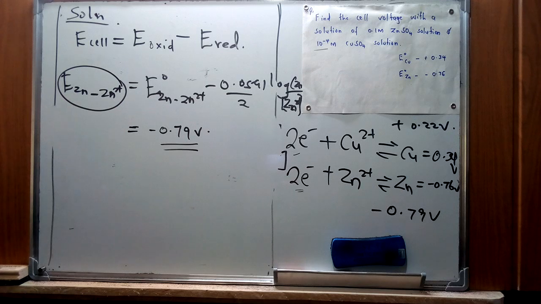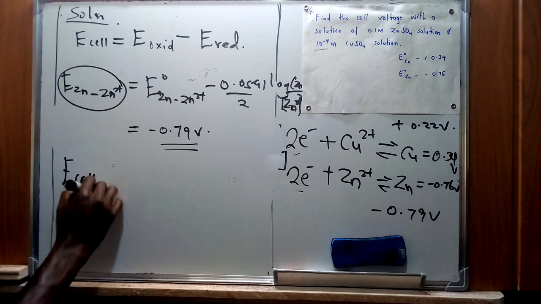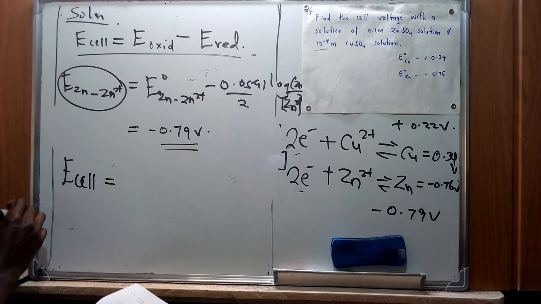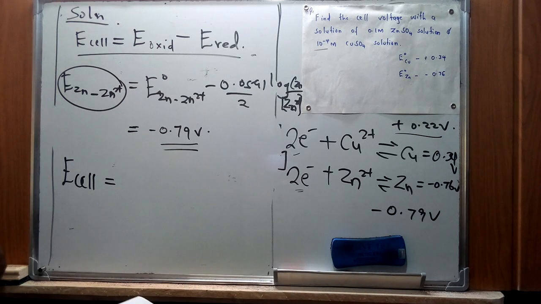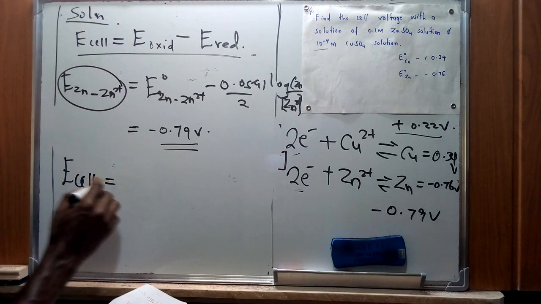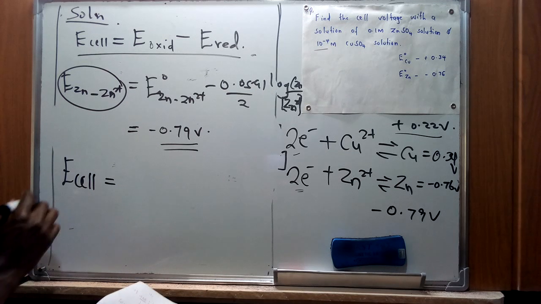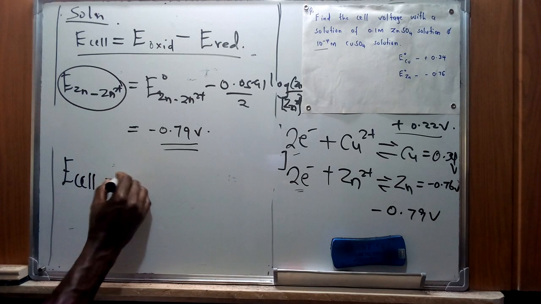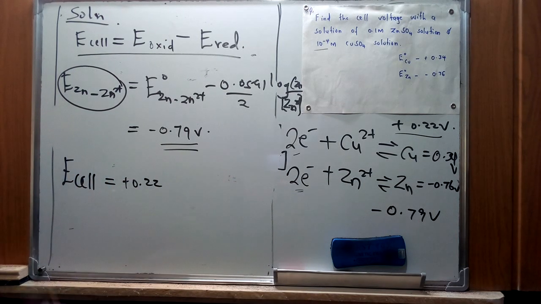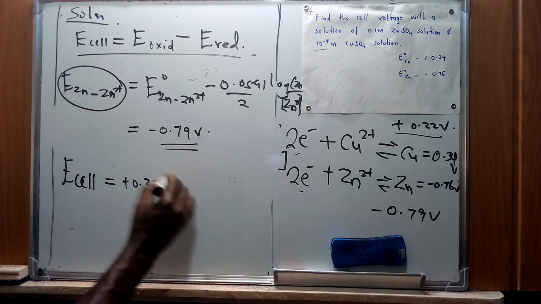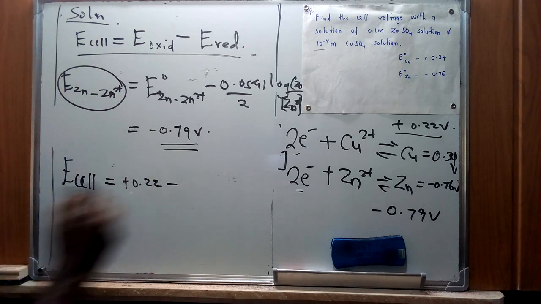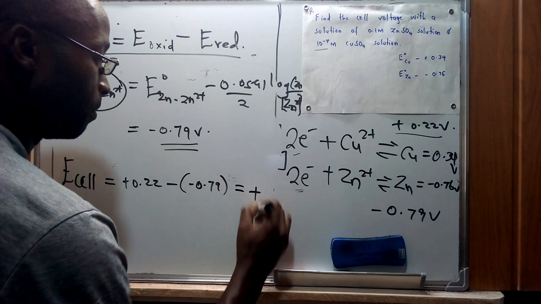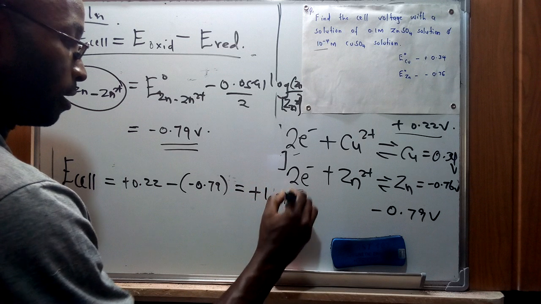So for us to find E cell as per our first expression there, that is E cell for copper, minus E cell for zinc, we do a substitution and we will get that this is a positive 0.22, and then minus 0.79, which is going to be plus 1.01 volts.